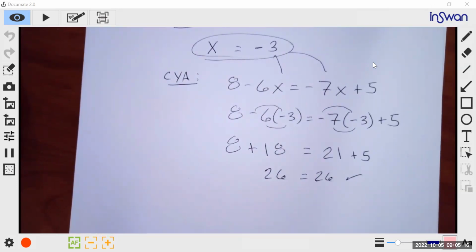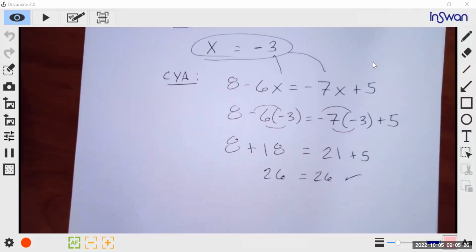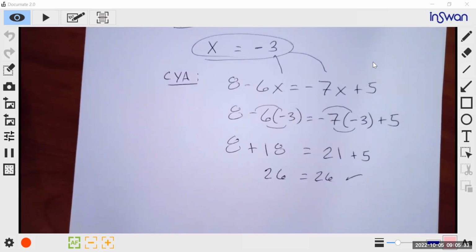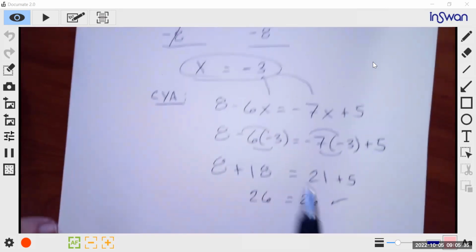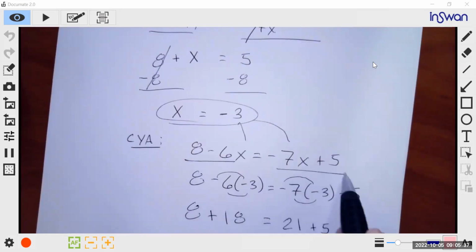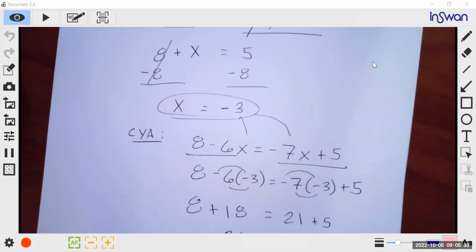Check your answers before you submit them. Both sides have to be equal, because we have two separate equations with x.